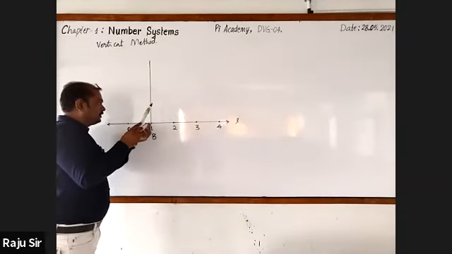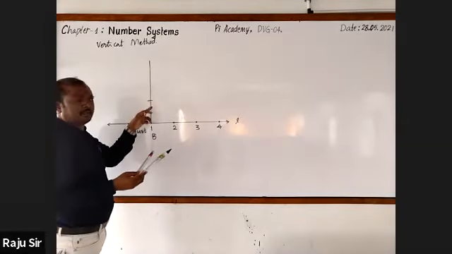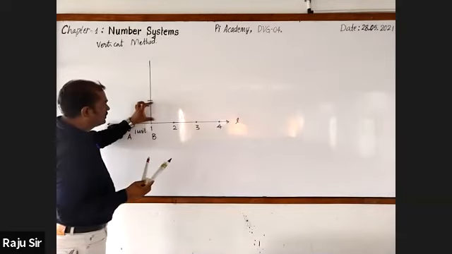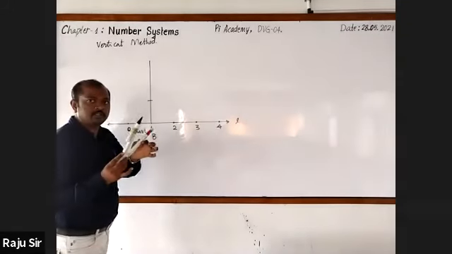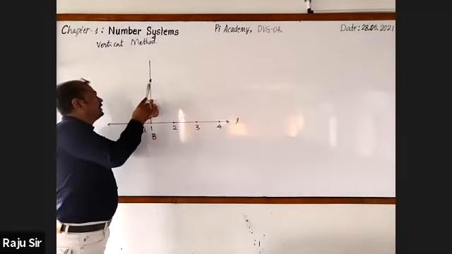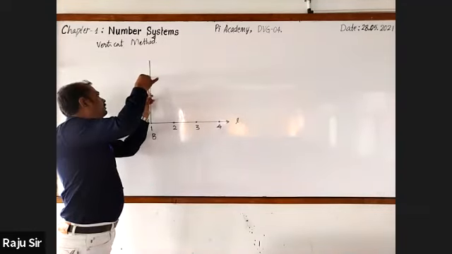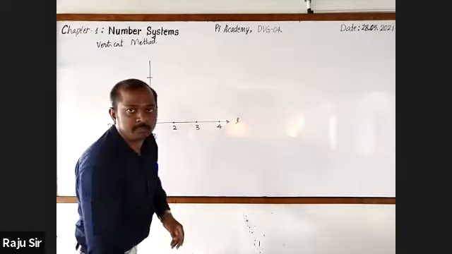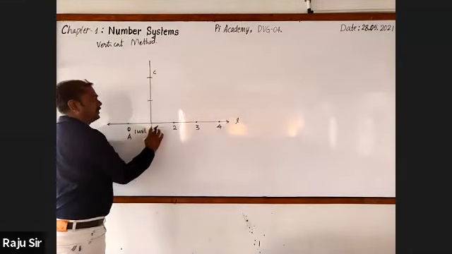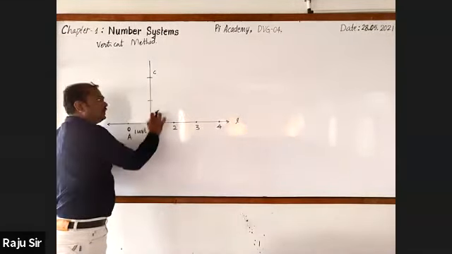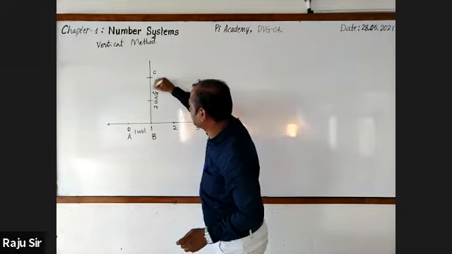With AB as 1 unit and B as center, let us draw an arc which cuts the perpendicular at a point. Here, this is 1 unit, but we want 2 units. Hence, I'll mark 1 more unit. Without changing the radius, place the compasses at this point, draw 1 more arc which cuts the perpendicular at a point, and call this point C. Now, B to C is 1 unit plus 1 unit, which is nothing but 2 units.